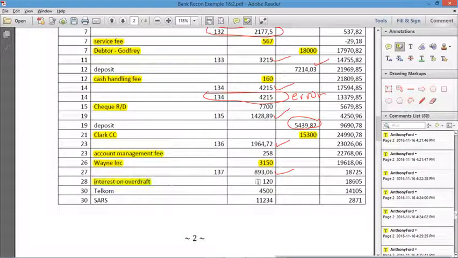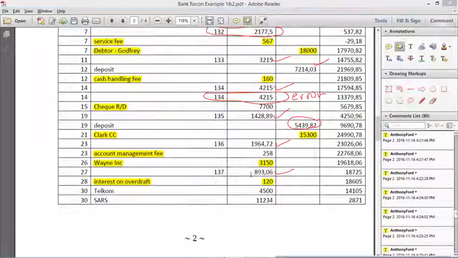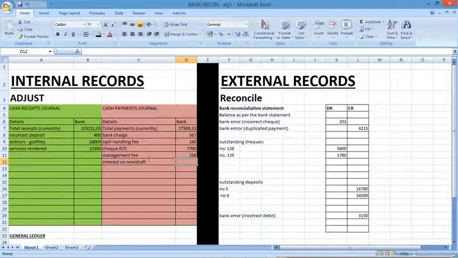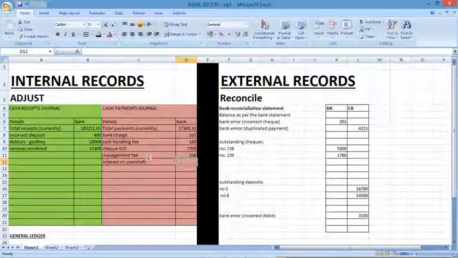Right, what else do we see here? Interest on overdraft. What is that? You've got an unfavorable bank balance, right? Receipt or payment? Payment. Just reconcile. Good. Okay, 120. Interest on overdraft, and the amount here was 120.